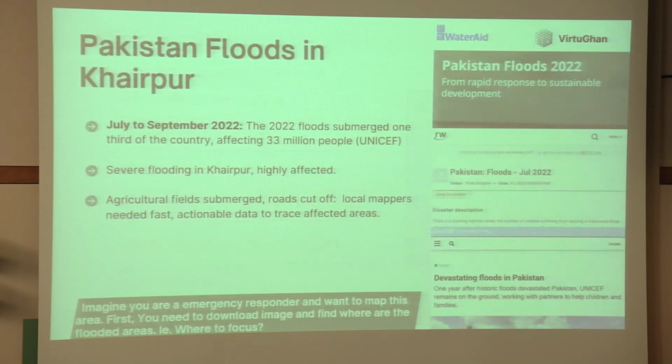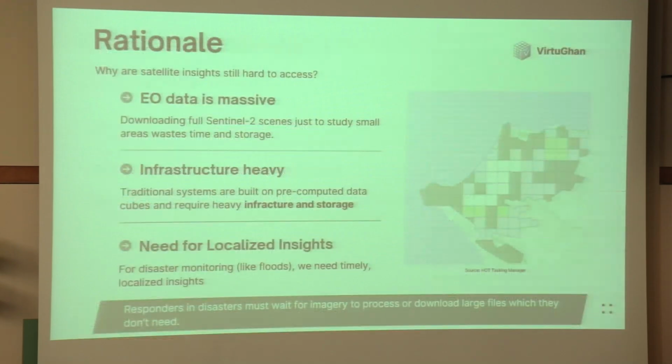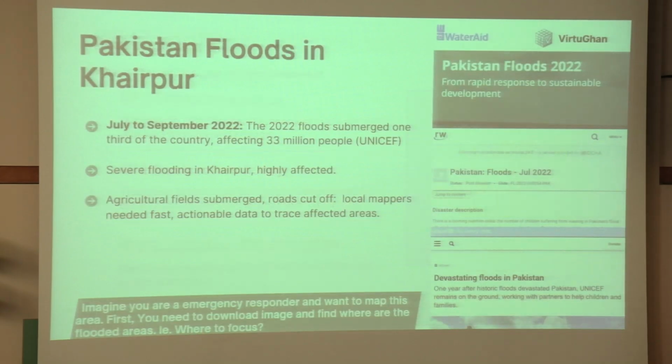And to just showcase what VirtuGhan is, just a simple example. It might be a pretty simple example for some of you, but let's go to Pakistan, in Kharpur, where one third of the whole country was under flood, and several people lost their lives.